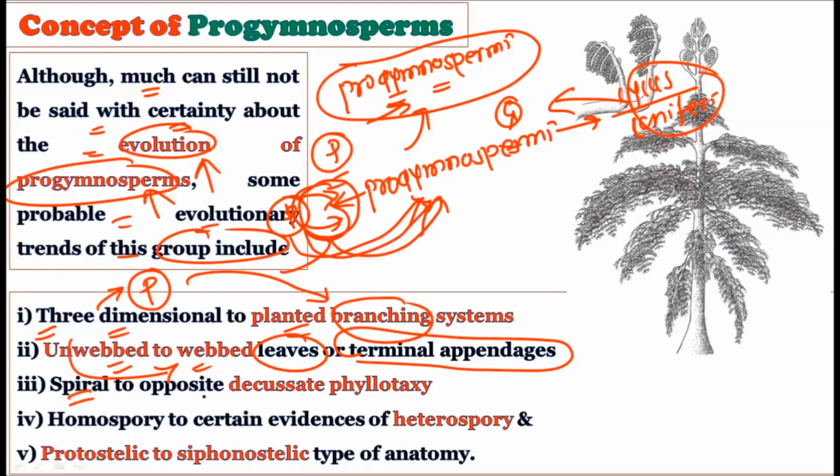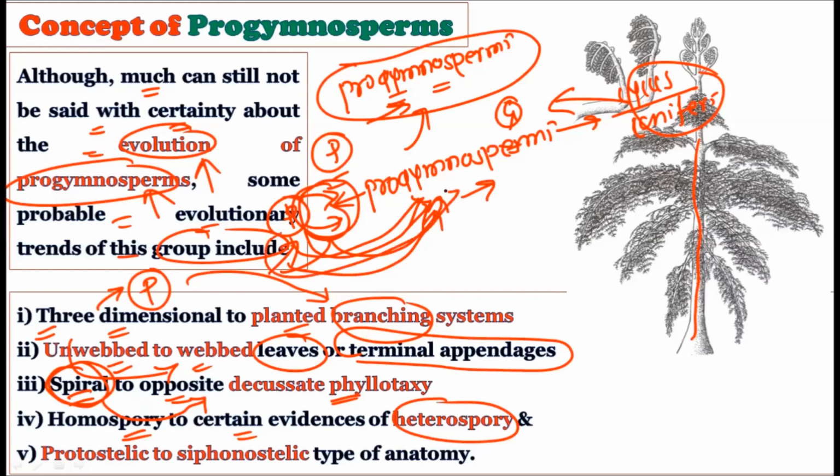Then the spiral to the opposite decussate phyllotaxy. The arrangement of the leaves on the main axis in the pteridophytes shows the spiral phyllotaxy. Now, opposite decussate phyllotaxy is created in the progymnosperms. Then homospory to certain evidence of heterospory. Homospory is typically found in most members of the pteridophytes, while heterospory was also found in the progymnosperms.